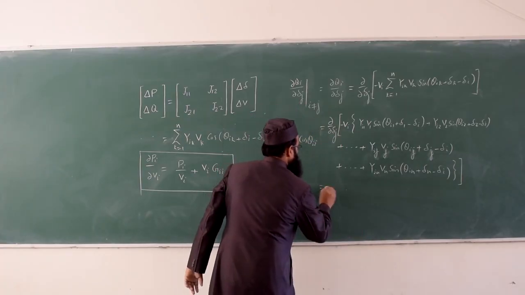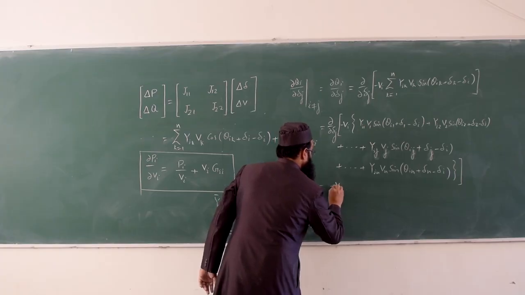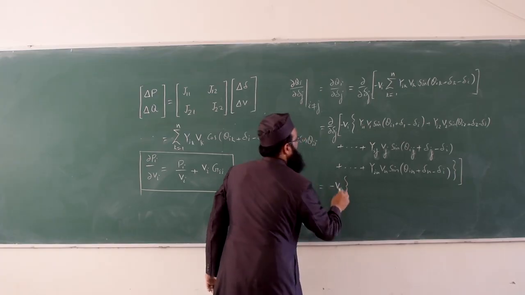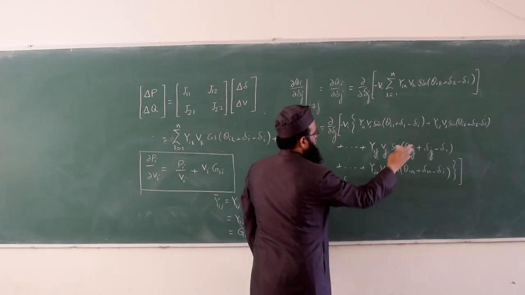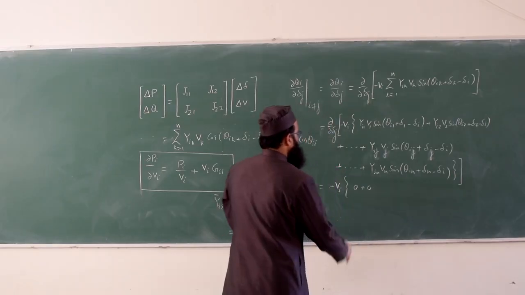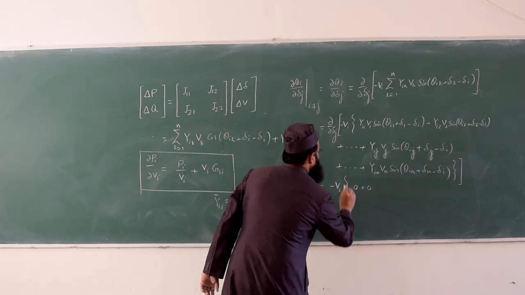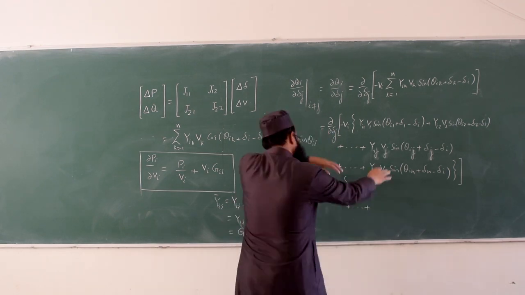So, this can be written as take minus Vi outside, first term 0 plus 0, second term write at corresponding places to avoid confusion, plus 0 and so on, plus jth term.